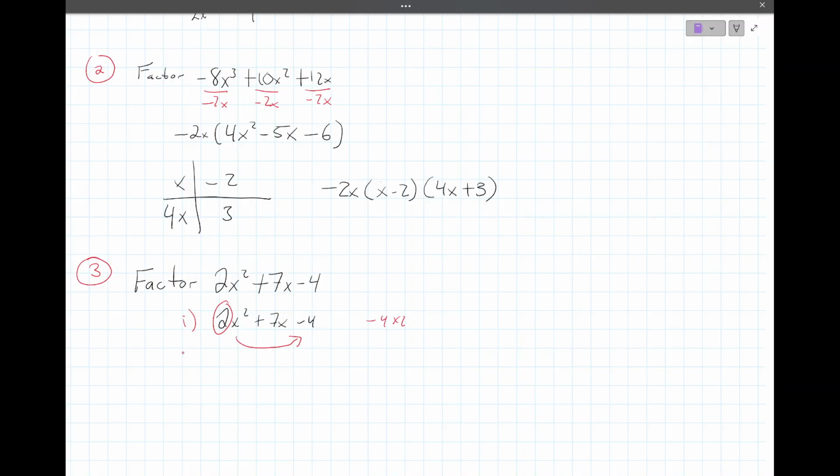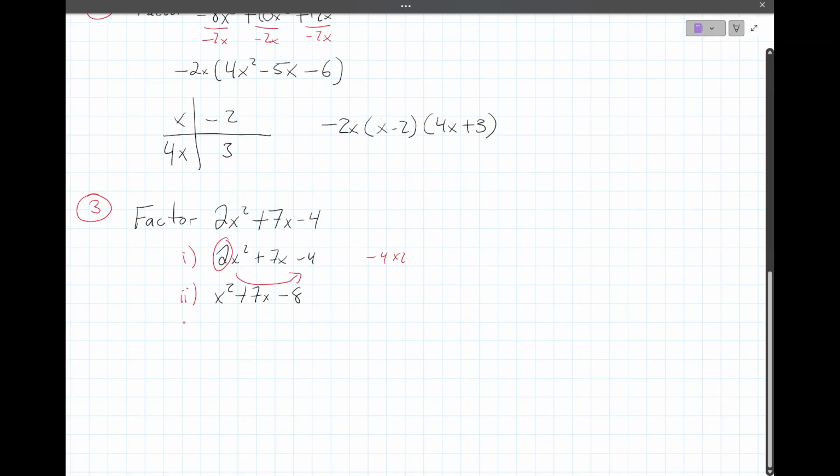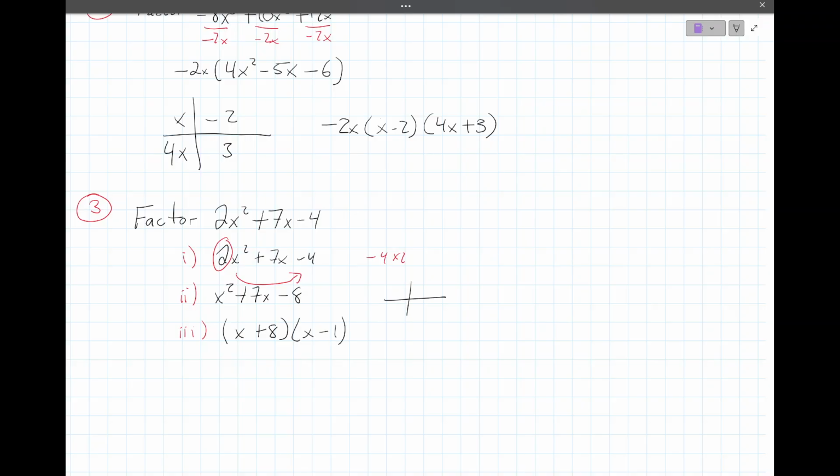My second step, and I'll do fewer steps on the next one, will be x squared plus 7x minus 8. Now I can factor that. I'm going to get x plus 8, x minus 1, right? I can see that from the box method quickly, and it works out.